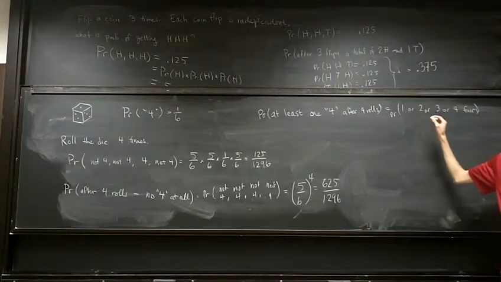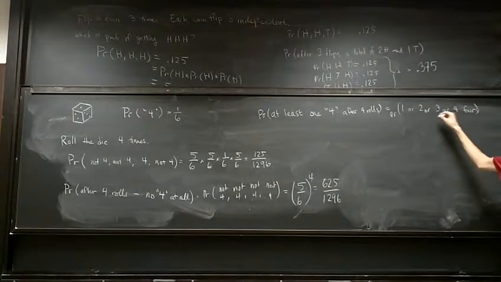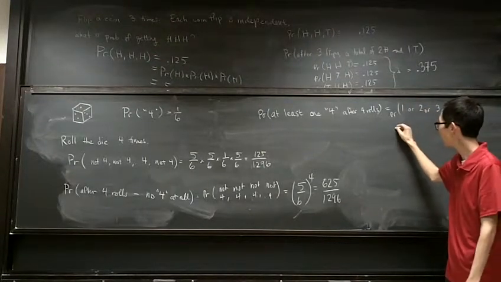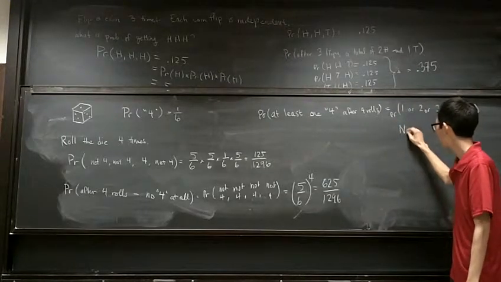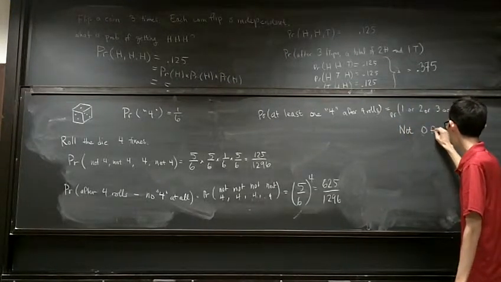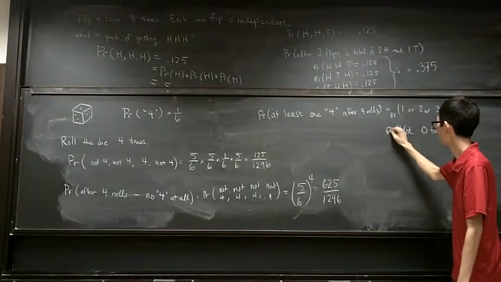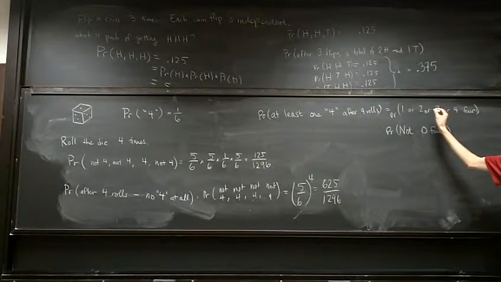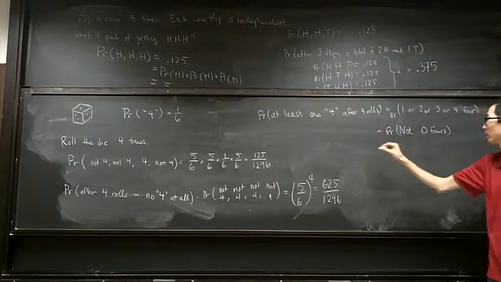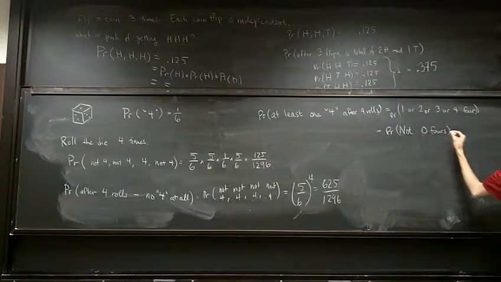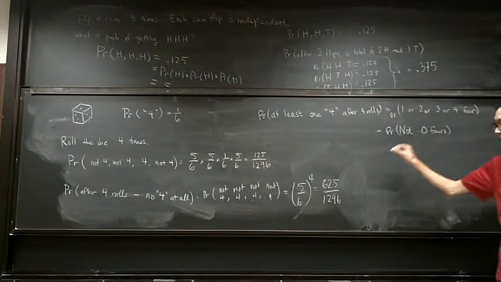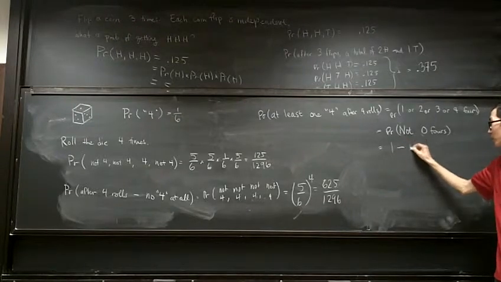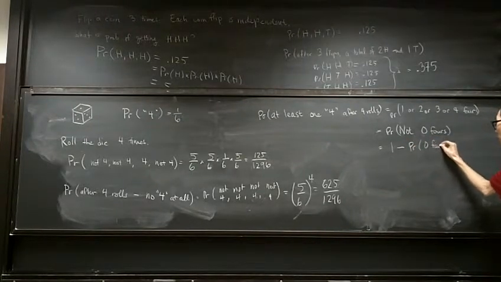What's the only thing that will not satisfy this? Zero fours. As long as I don't end up with 0 fours, that means I got at least 1 4. What is the probability of not 0 fours? 1 minus the probability of 0 fours.